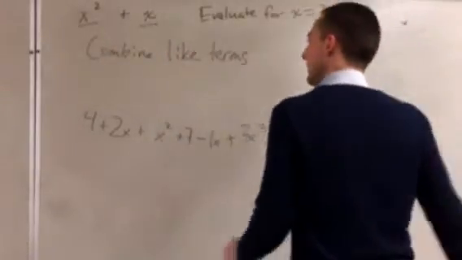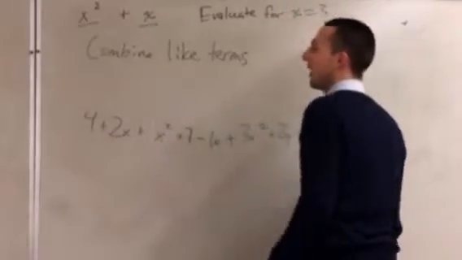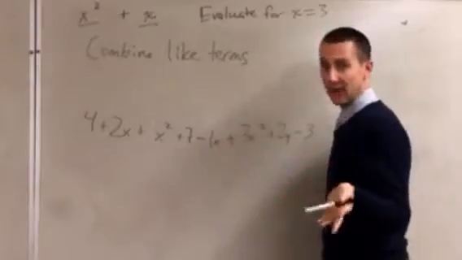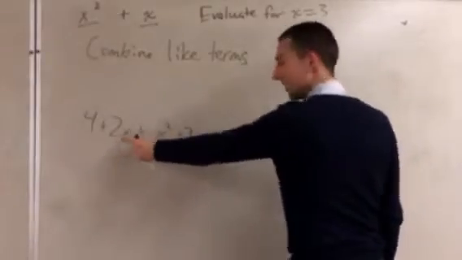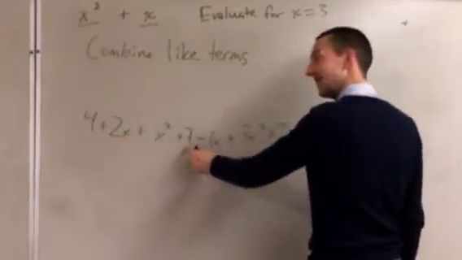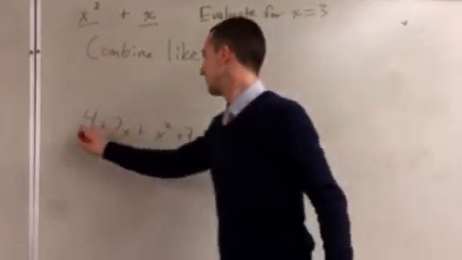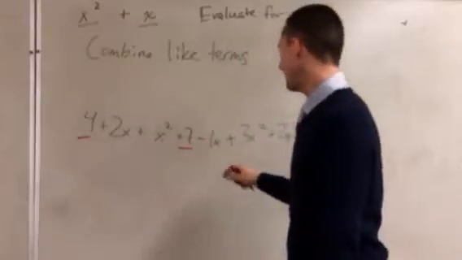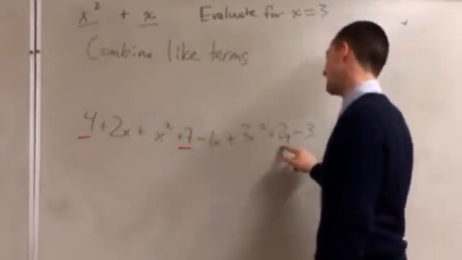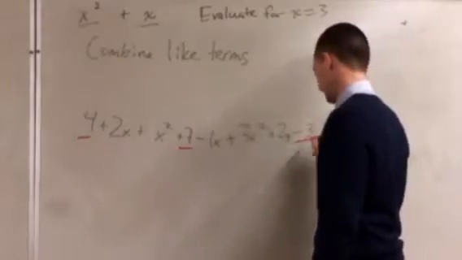So the 4 is looking for other terms that do not have any variables. So the 4 is not looking for 2x or x squared. They have variables, but the 4 is looking for the 7. Minus 1x, no. Plus 3x squared, no. Plus 2y, no. Minus 3, yep.